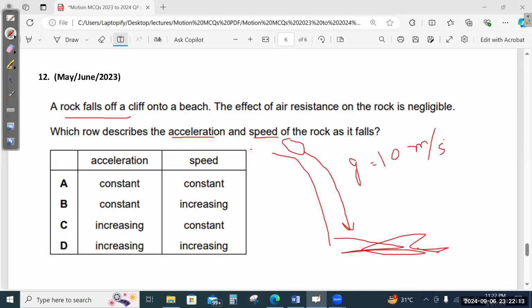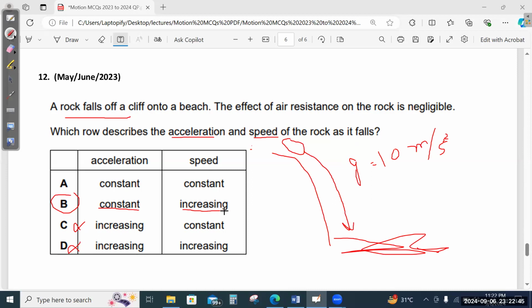So acceleration will be constant, so C and D will be incorrect. When we say that the body is accelerating with constant acceleration, it means the body is getting more and more speed, so option B will be correct. Acceleration is constant, and when you say accelerating, it means the speed of the object is increasing.